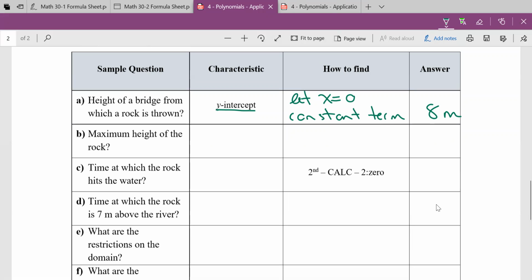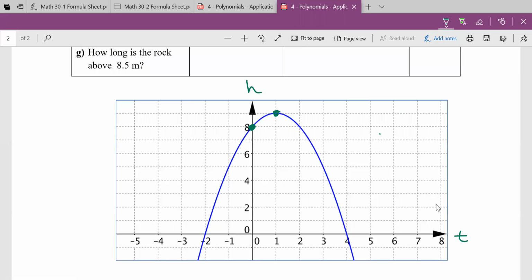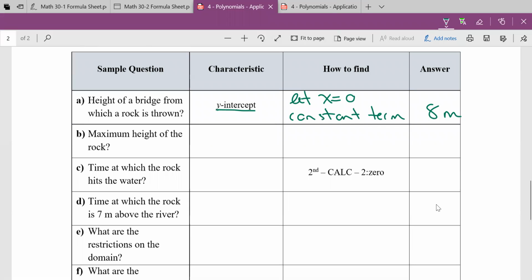Okay, the maximum height of the rock. So I go to my graph and I say, yeah, there's my max height right there. So I'll have a lot of students say the answer is the vertex. But I need you to remember the vertex is made up of an x and y coordinate, or in this case, a t and h coordinate. So where am I going to look here?